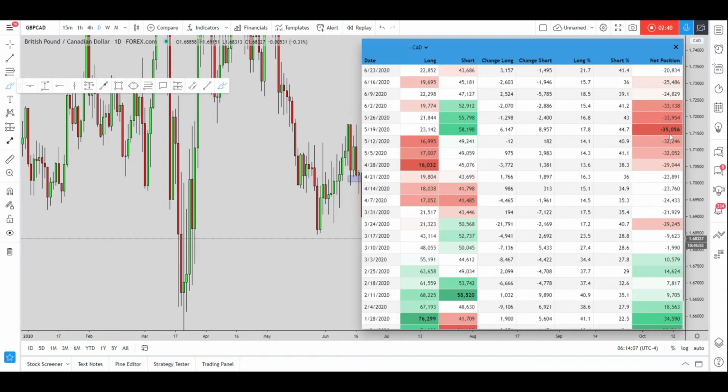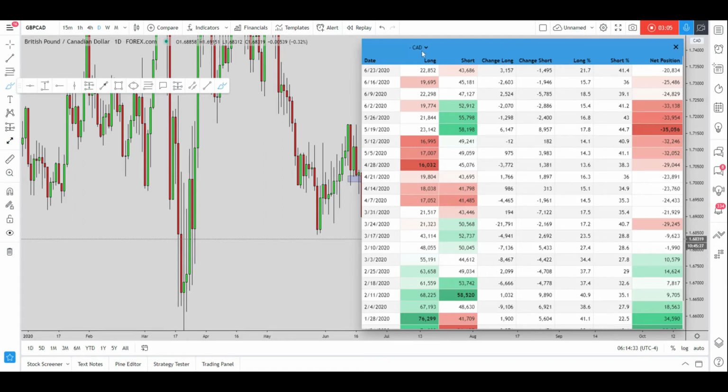So in the long term, a clear shift to the bearish side of the CAD, and in the short term, a clear shift to the bullish side with many longs getting opened, 3K with the last report, but most importantly, many shorts getting closed, thousands of shorts getting closed with all the last reports. So we can expect some short-term CAD weakness.